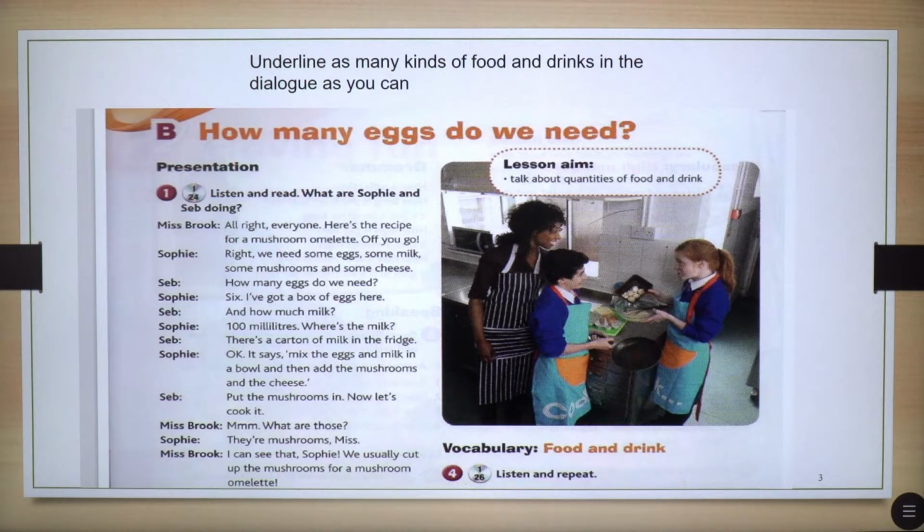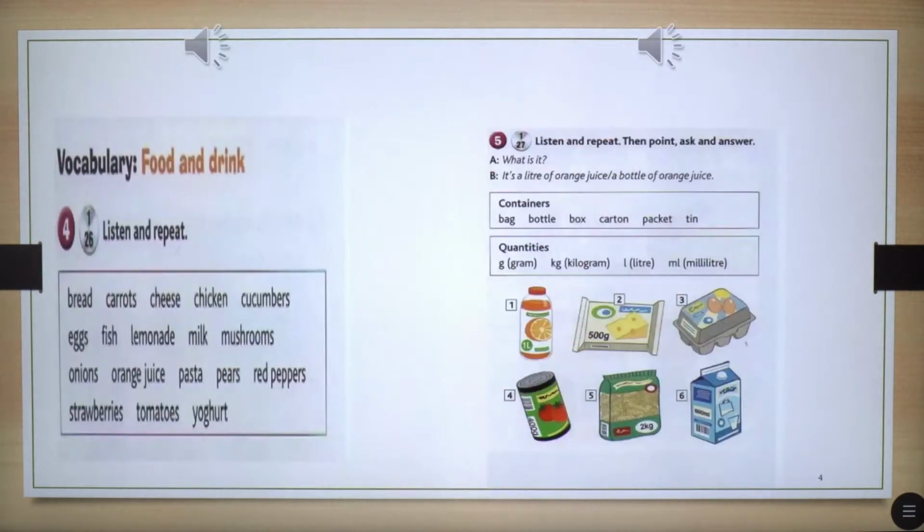Okay, I hope you were able to find the foods and drinks in the dialogue. And you read it also, probably. So, the foods and drinks that were mentioned in the dialogue, but of course some extra ones too, are here in this table.